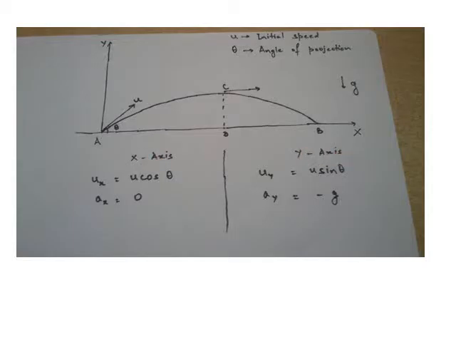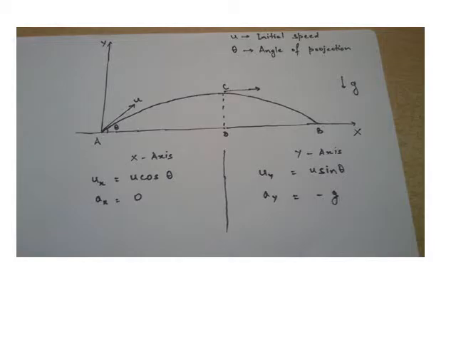Now initial velocity makes an angle theta with the x-axis. Hence, the component of initial velocity along the x-axis, ux, will be u cos theta. Similarly, the component of velocity along the y-axis, uy, will be u sin theta.